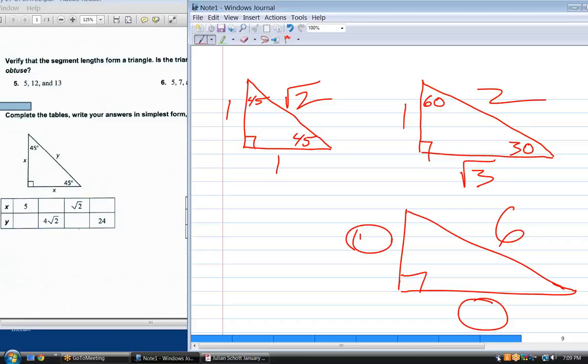Exactly. That's why these two triangles are so important to memorize. It's not the numbers that are important to memorize, it's the relationships. In other words, this is 1, root 3, 2. It could just as easily be 10, 20, 10 root 3. Okay.